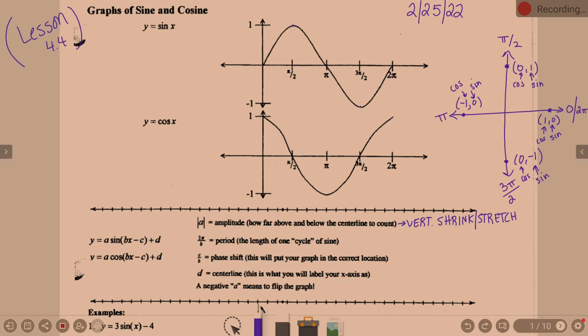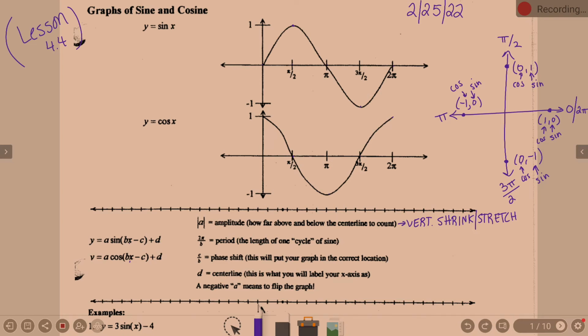This next piece says 2 pi over b. And 2 pi over b is the period, the length of one cycle of sine or cosine. So the traditional length of one cycle is 2 pi. If there's a b value, notice b is the coefficient of x. That will give you how that period changes.